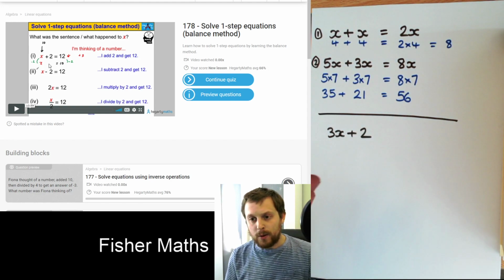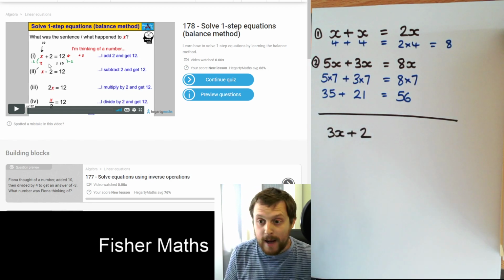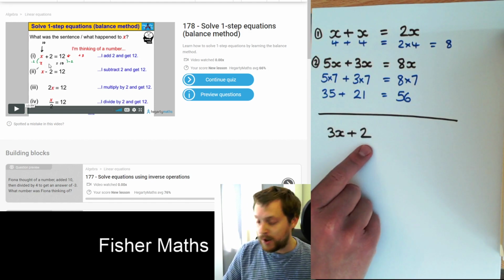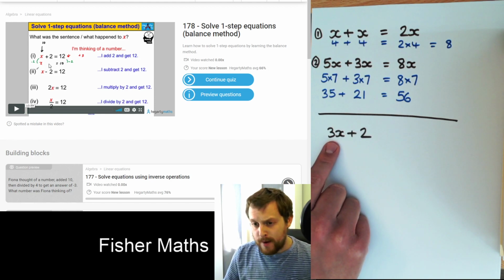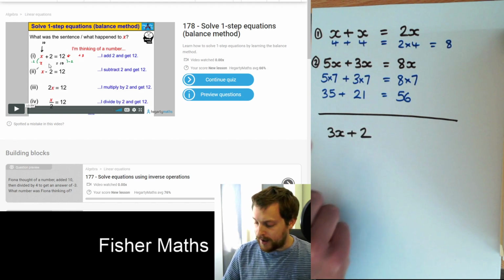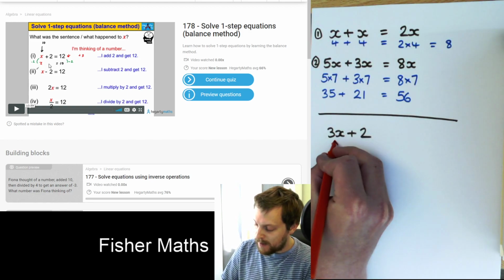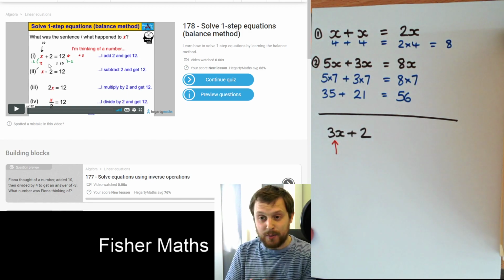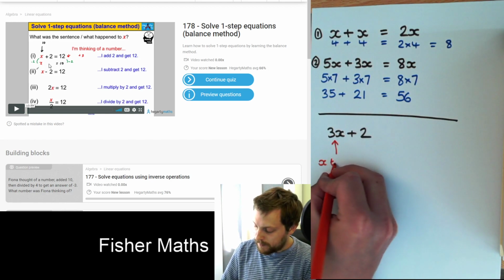A lot of people, when they see this, think it has something to do with the number 5. And I don't blame them for thinking that, because 3 add 2 is obviously 5. But this isn't just 3. This is 3x. This is an x term. So hopefully you can remember me talking about that sort of thing when we did algebra quite a while ago now. So this is an x term.